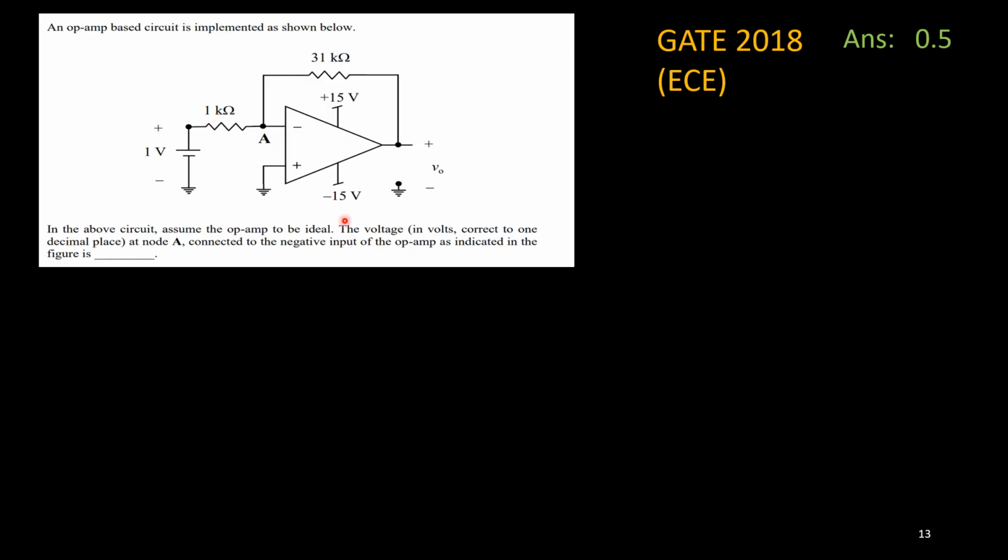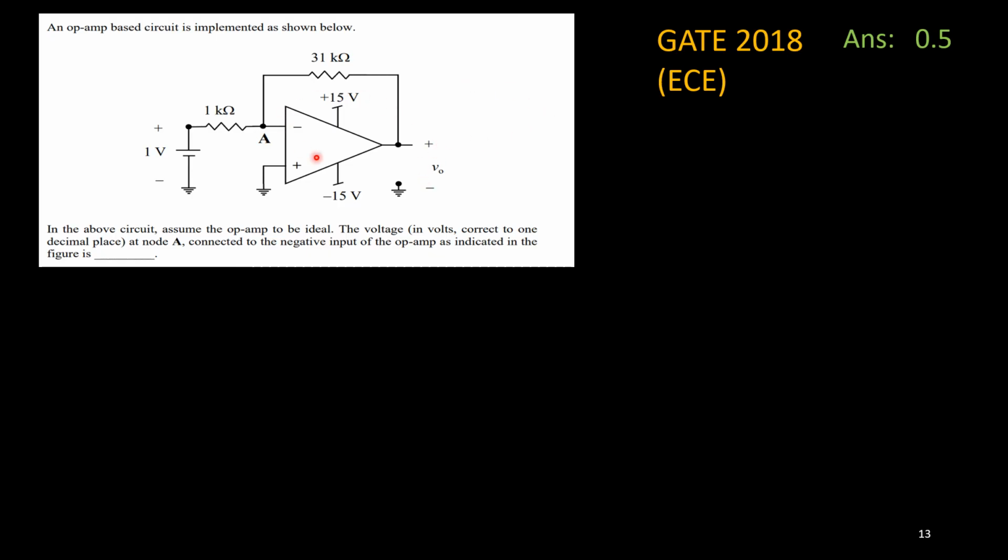The circuit is given, and here you have to find out the potential at the node A. What is the potential here? And it is given that it is an ideal op amp. Assume that op amp is ideal, right? So see the values. 1K, it is 31K, and this is your V0.